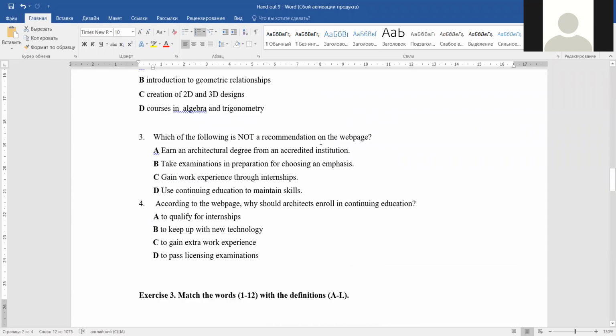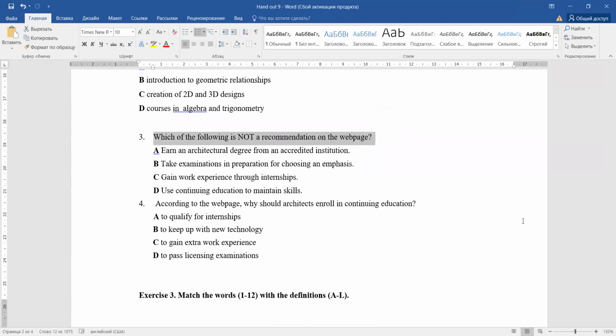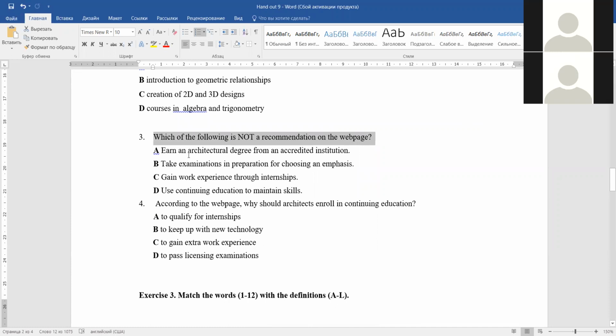The third one, which of the following is not a recommendation on the web page?